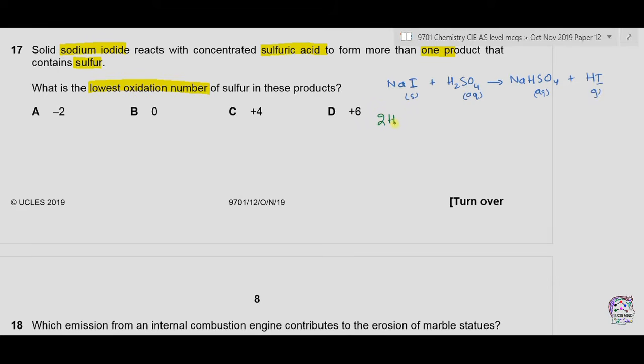Hydrogen iodide will again react with sulfuric acid to form iodine, sulfur dioxide and water. Also HI can react with sulfuric acid to give iodine, sulfur and water.